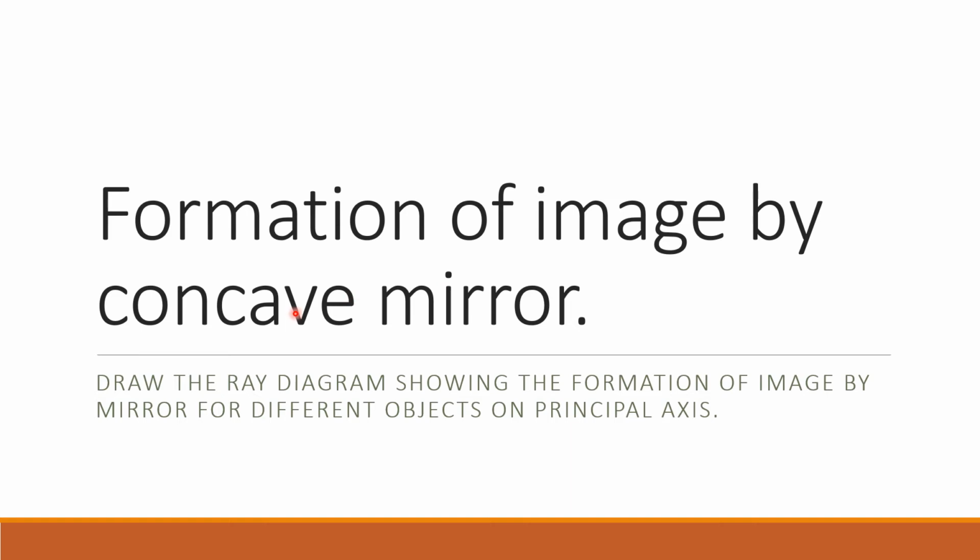Now let's start today's class. In today's class, we'll discuss formation of image by concave mirror. Now, in this topic, we will draw the ray diagram showing the formation of image by mirror for different objects placed on the principal axis.